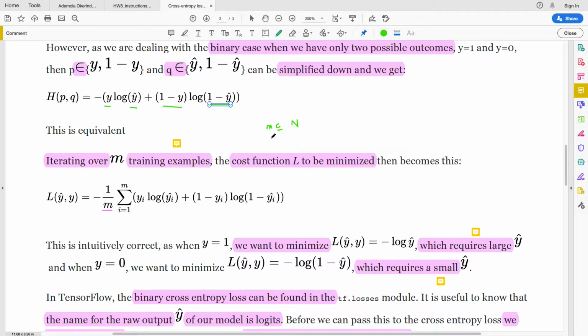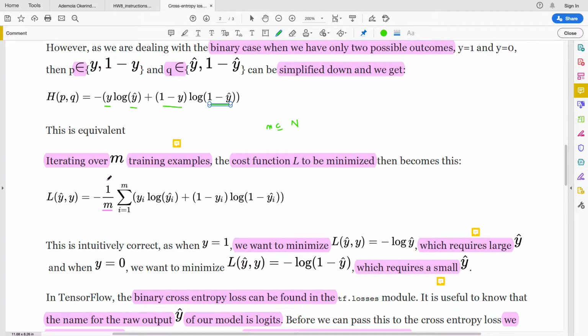Let's say you have 100 examples. You may take your M, the mini batch, as 10, 10, 10, 10. That means you have to go through 10 times to go through the entire set of training samples, which is referred to as one epoch. So the number of iterations will be 10 in that situation to have one epoch.